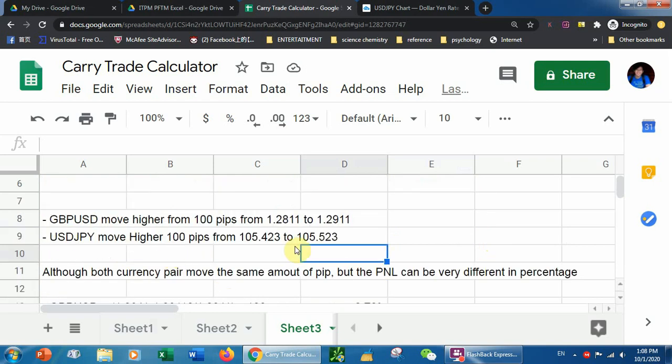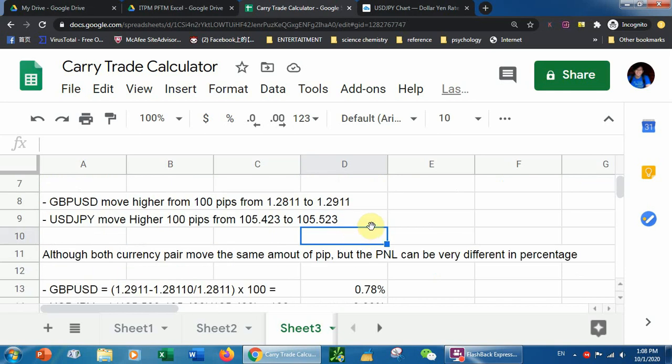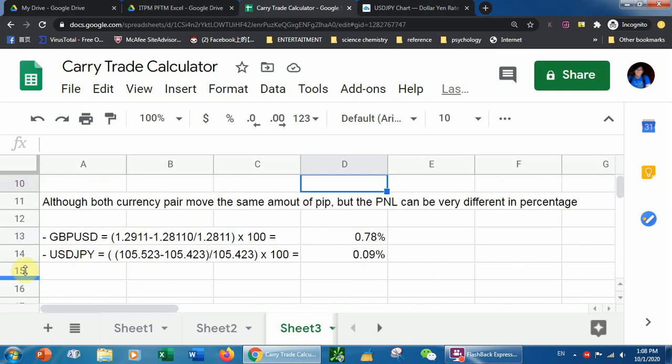Instead of saying that the US dollar yen has moved higher by 0.09%, they will just tell you that, hey, the US dollar yen has moved higher by 100 pips.